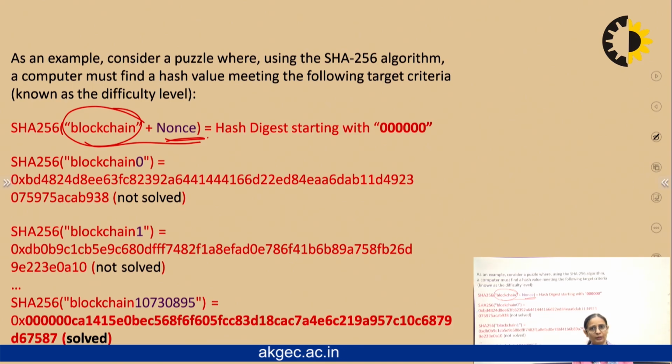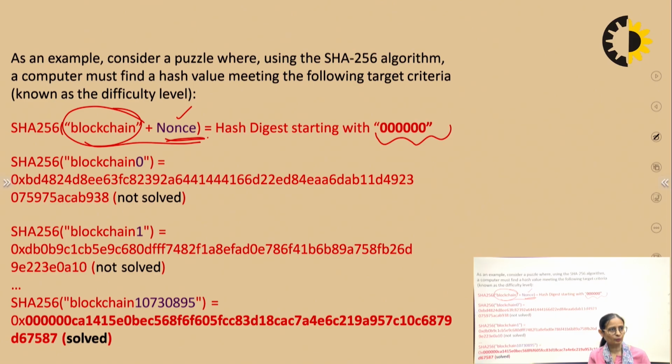Now what is the difficulty or target we have set here? We need to select the nonce in such a manner that the hash value we get should contain 6 leading 0s. This is the target I have set, and I change this difficulty level with time. Suppose I say it is 6, later on I could say it is 7 leading 0s, and so on.